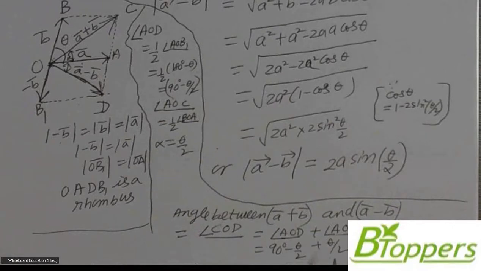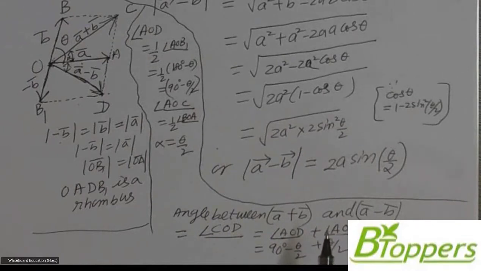That means whatever may be the value of the angle theta between the vectors A bar and B bar, for any value of theta between 0 degrees and 180 degrees, the vector difference A bar minus B bar acts perpendicular to the vector sum A bar plus B bar when the two vectors A bar and B bar have the same magnitude.